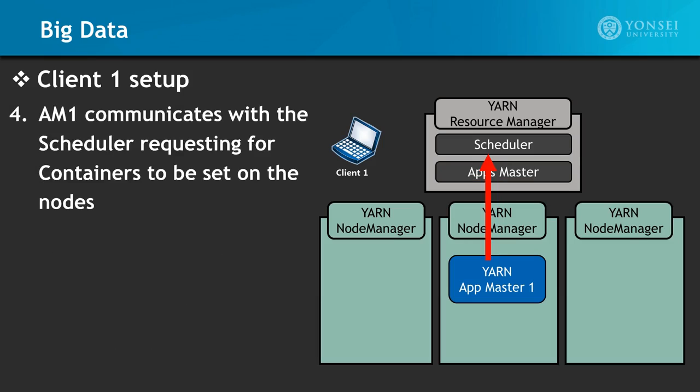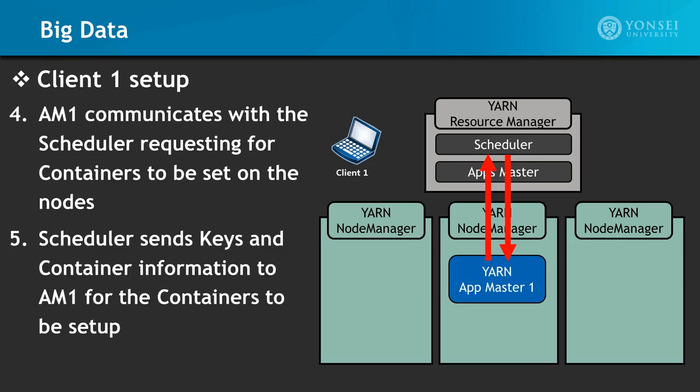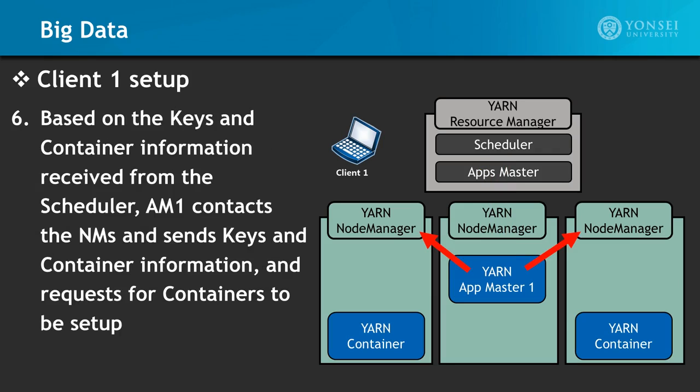The app master 1 communicates with the scheduler in the resource manager, requesting for containers to be set on the nodes. The scheduler sends keys and container information to app master 1 for the containers to be set up.